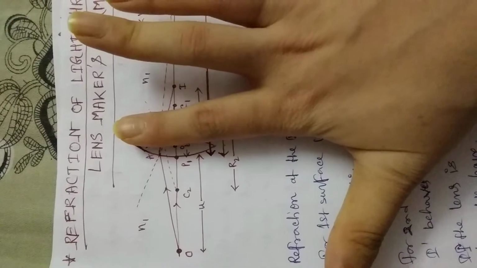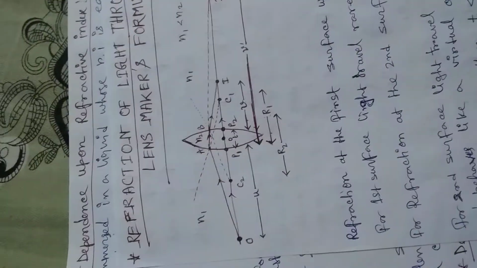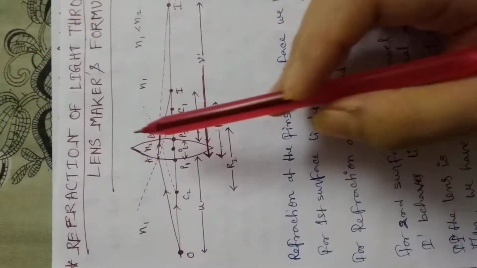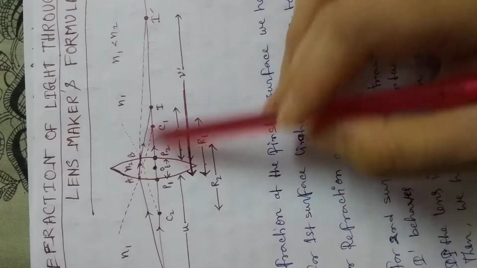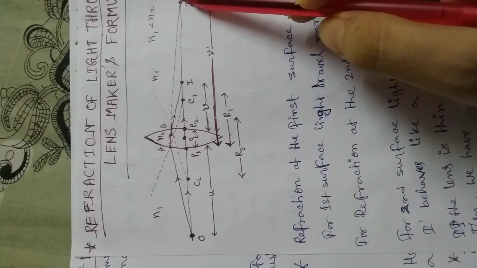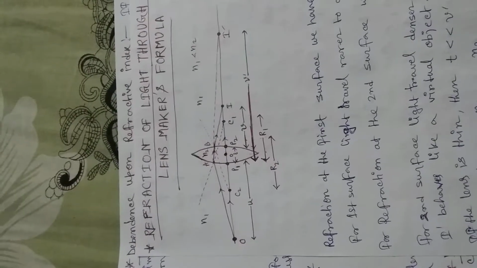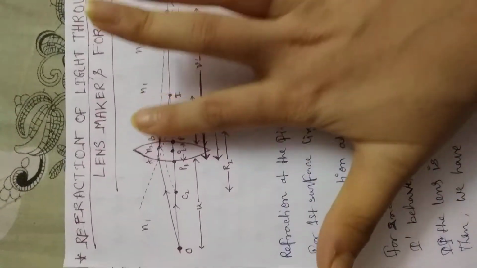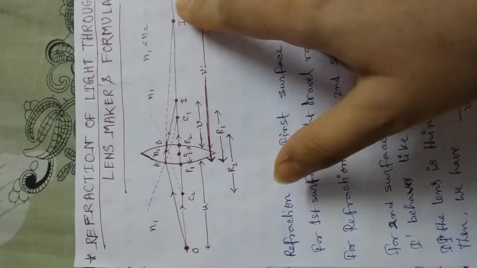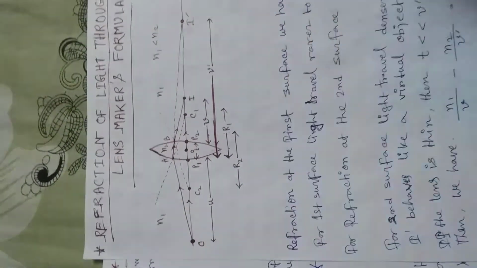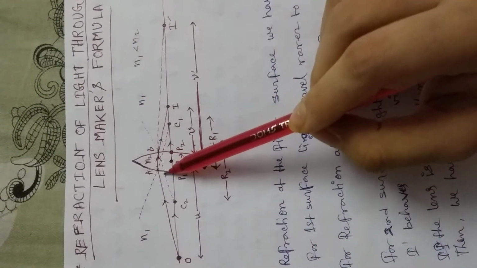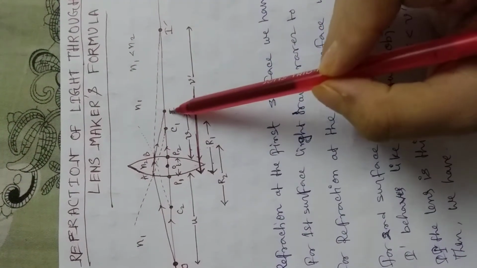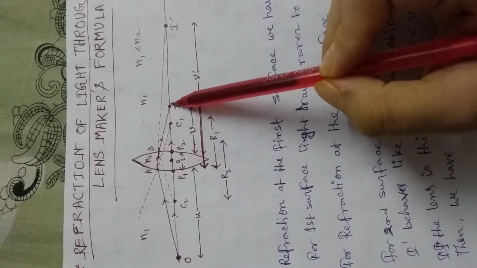If this surface is not there, the light is only refracted through this surface, and after refraction it should meet at point I dashed. So that means if this surface is not here, then I dashed is the image of O. But due to this surface, the ray is refracted 2 times, and that's why it meets at point I.